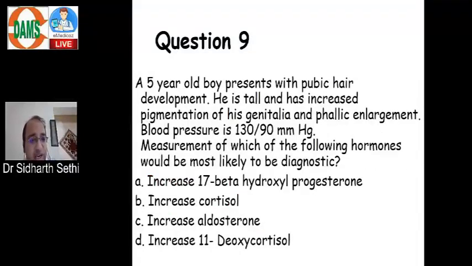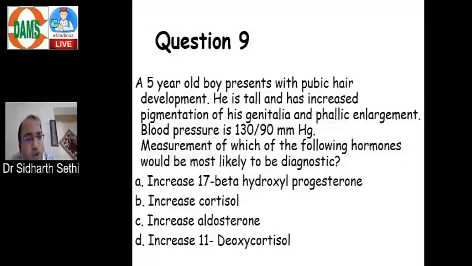Now here is another child who comes to you with precocious puberty and hypertension this time. Remember, according to the 2018 American Academy of Pediatrics guidelines, any adolescent more than 13 years who has a blood pressure more than 130/80, that's hypertension.